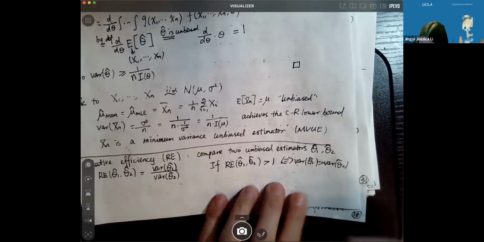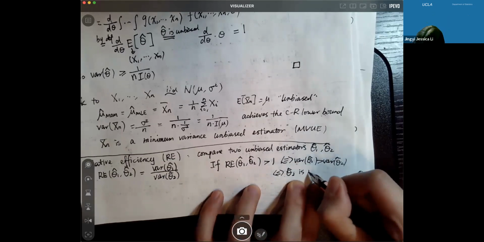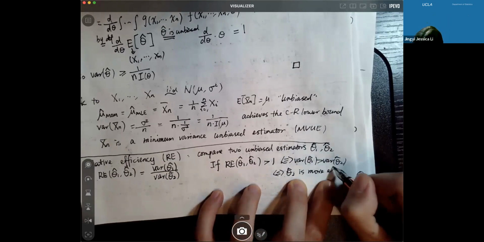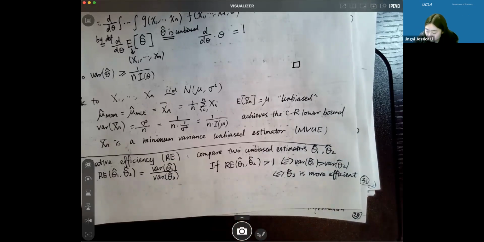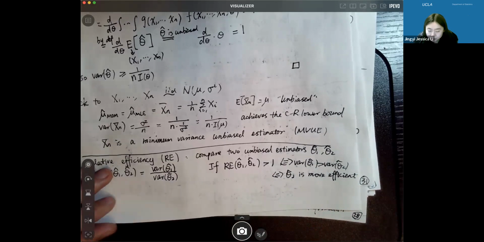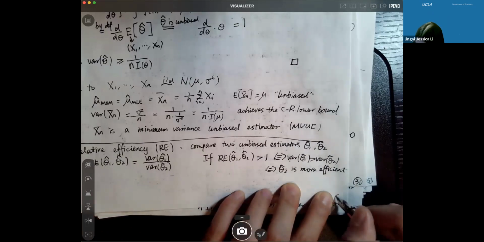And then we just say theta 2 hat is more efficient. Yeah, so I don't think this should be memorized. We should just say the bigger the variance, the lower the efficiency, and that's good enough, right? The larger the variance, the smaller the efficiency.